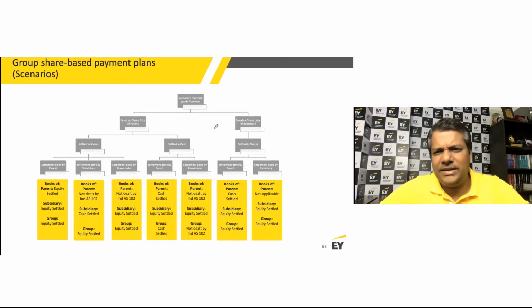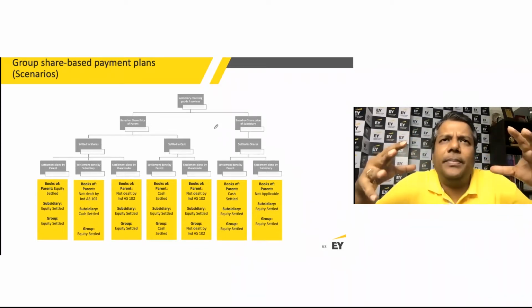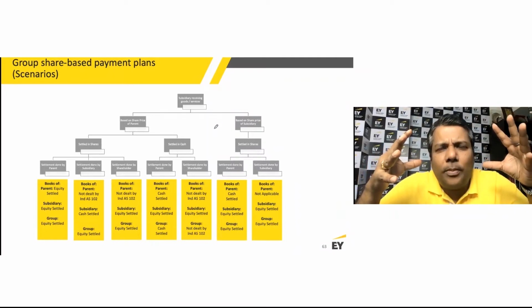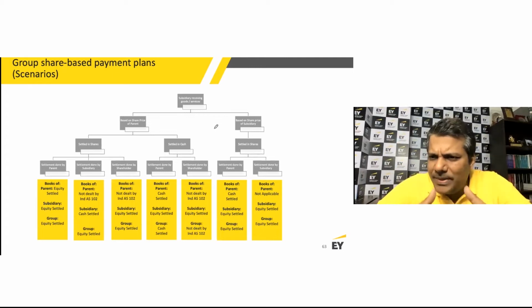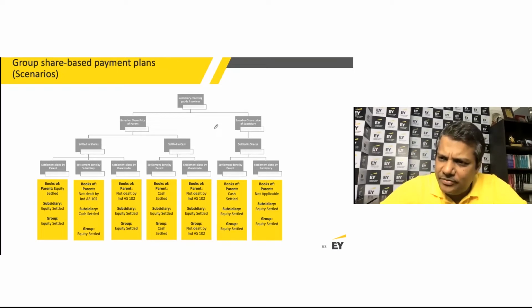It's a slightly busy slide. When you look at it, the compensation cost, the expense, is required to be recorded in the books of the entity which is receiving the benefit of the employee's services.